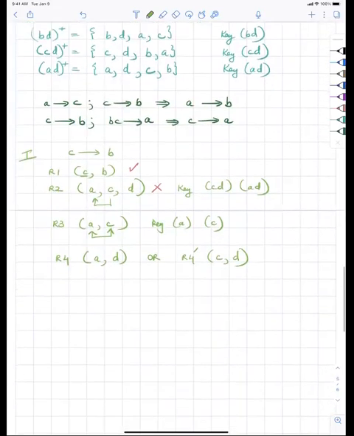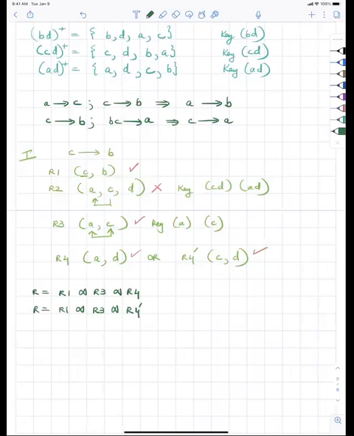So in this case, R is equal to R1 join R3 join R4. You also have R is equal to R1 join R3 join R4 dash. These are all Boyce-Codd normal forms, and they both are equivalent. So from just picking C goes to B, we already have two different Boyce-Codd normal form decompositions, and they're both valid.